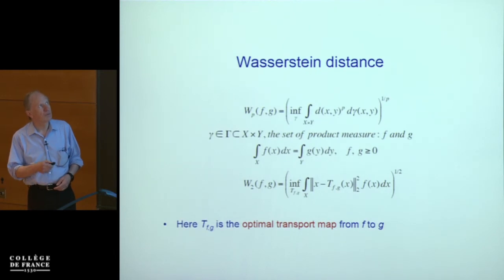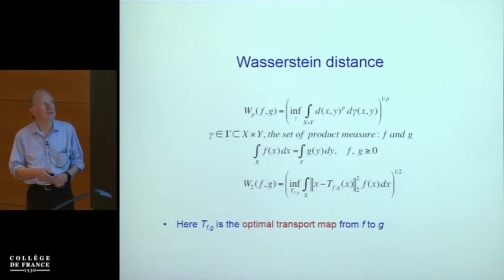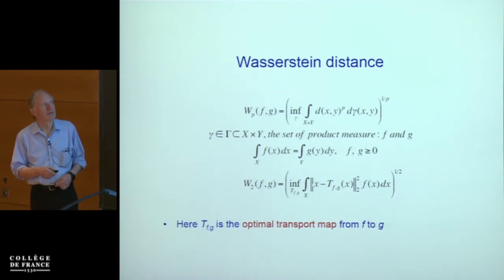So we can use the setting of Wasserstein distance, where you minimize over all possible combinations between these two measures, and some metric of the distance in there. We will use the Euclidean metric squared, so it's a W2 norm in this case.